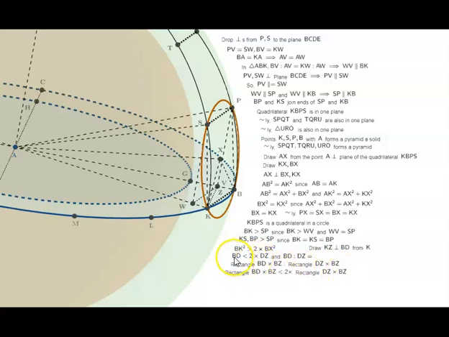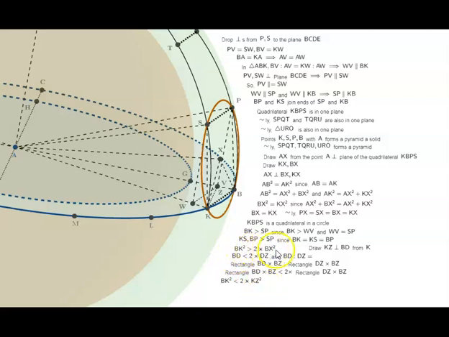Now, because BD is less than 2 times DZ, that means because of this proportionality, rectangle BD by BZ is also less than 2 times the rectangle DZ by BZ. BD by BZ is equal to BK square and rectangle DZ by BZ is equal to KZ square.